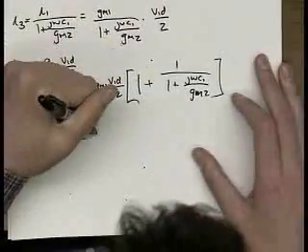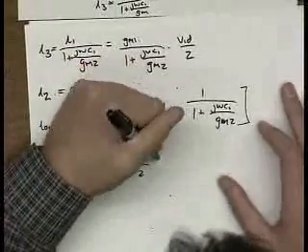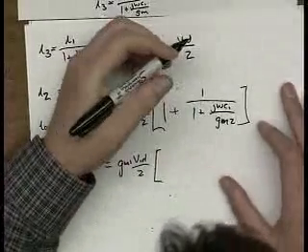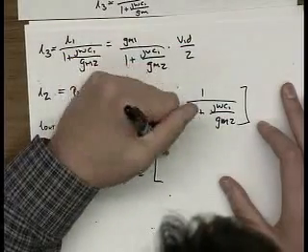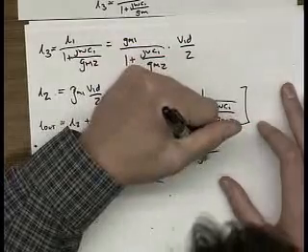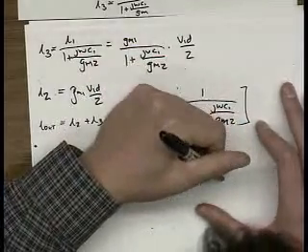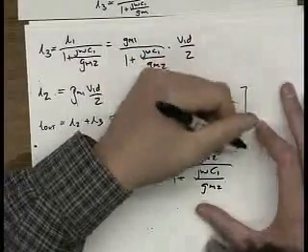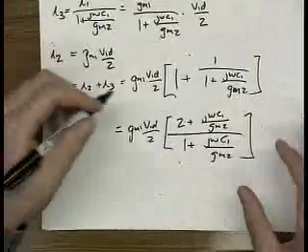which is equal to Gm1 VID over 2 times 2 plus j omega C1 over Gm2 over 1 plus j omega C1 over Gm2. That's I out, and this can be simplified.